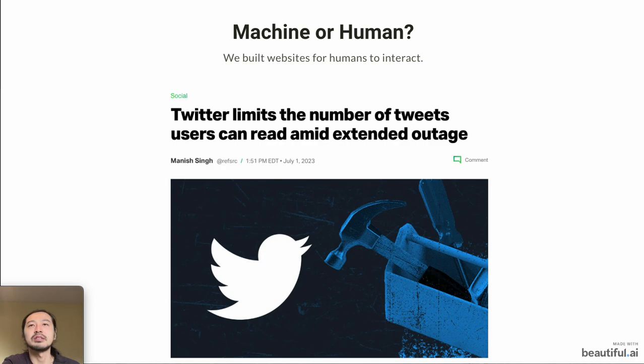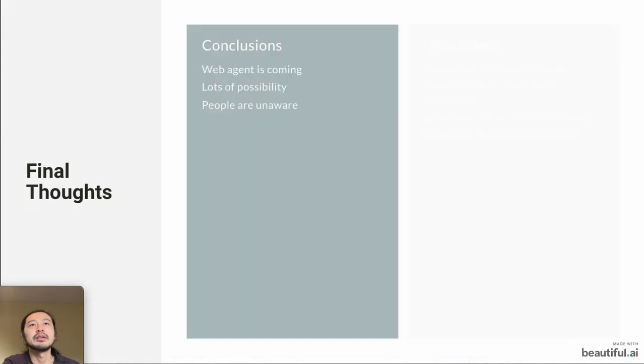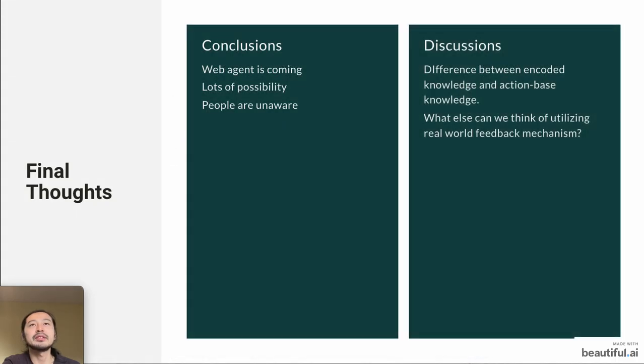So this is some final thoughts. So WebAgent is coming. The momentum is definitely picking up in this field. It produces a lot of possibilities, and people are unaware of what's coming.